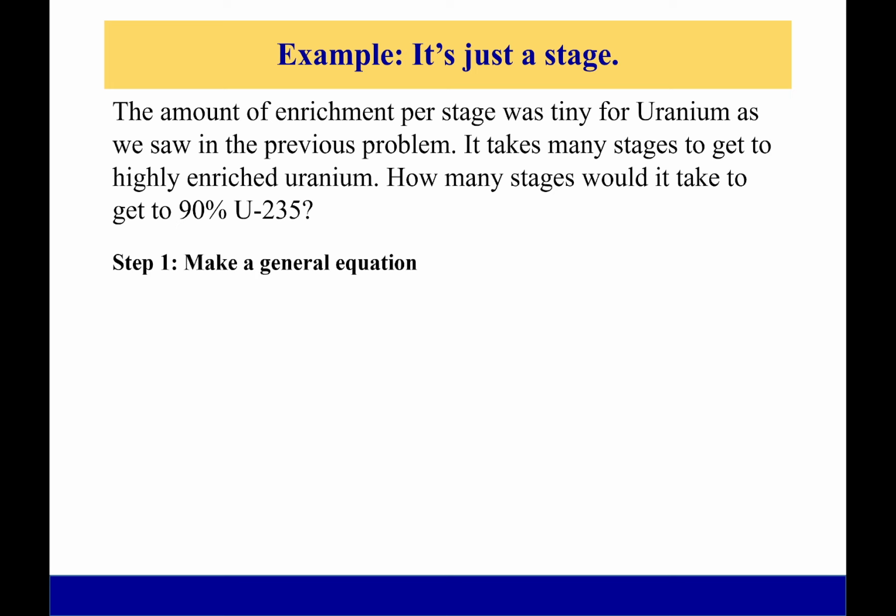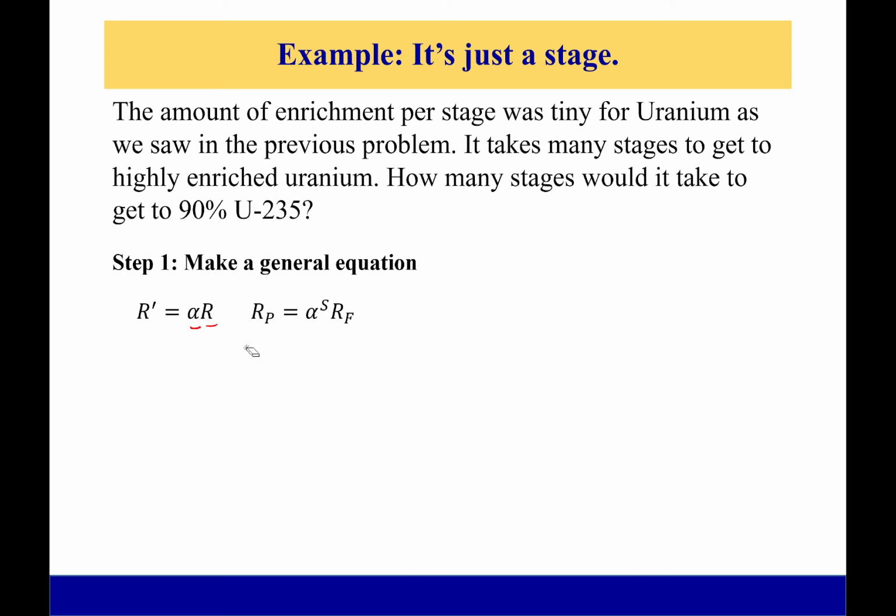Okay, so we'll start off by making a general equation. If after one stage, R prime is equal to my separation factor times my initial relative abundance, then that's just multiplying by alpha each time. So my product at the end is equal to alpha, my separation factor, raised to the power of the number of stages, multiplied by my initial, or feed, relative abundance.